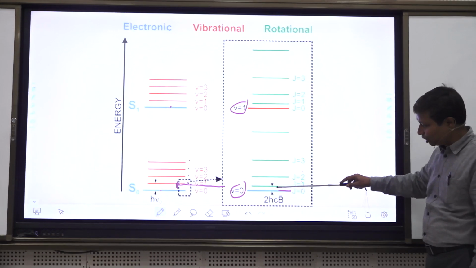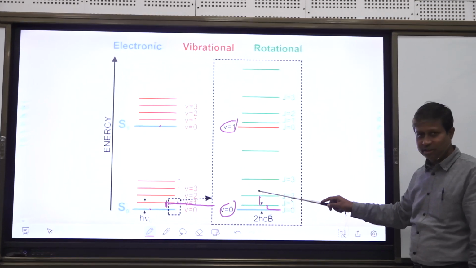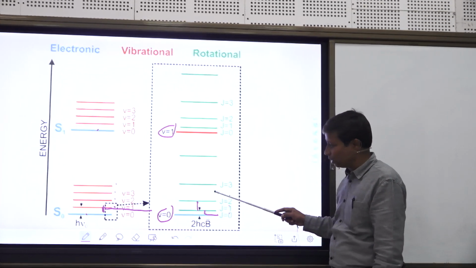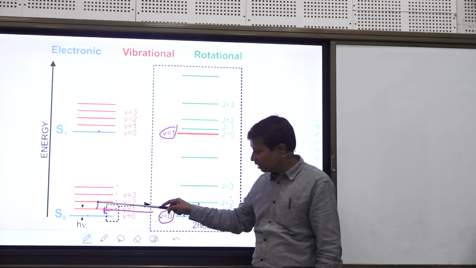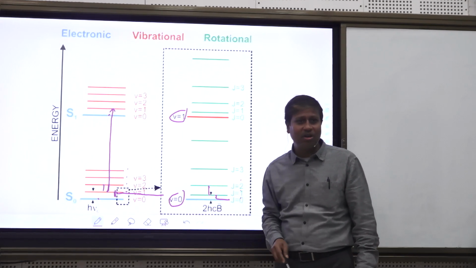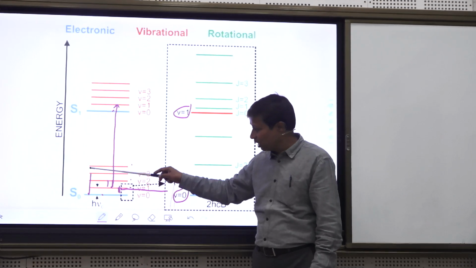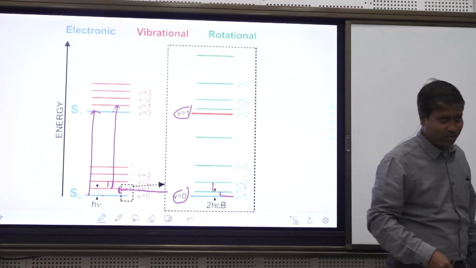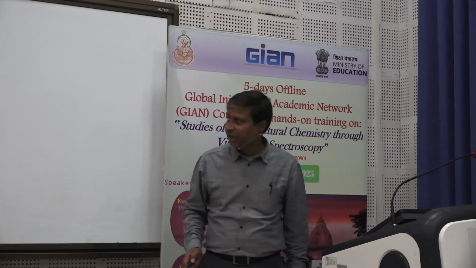When you discuss the transition among the rotational energy levels, this is called rotational spectroscopy or microwave spectroscopy. When we discuss the transition between vibrational energy levels, say from here to here, then this is called vibrational spectroscopy. When we talk about the transition between two electronic states, it is called electronic spectroscopy. So today we are discussing vibrational spectroscopy.